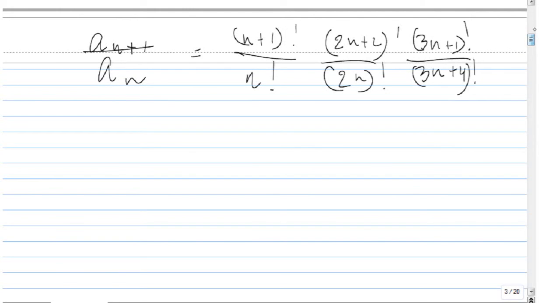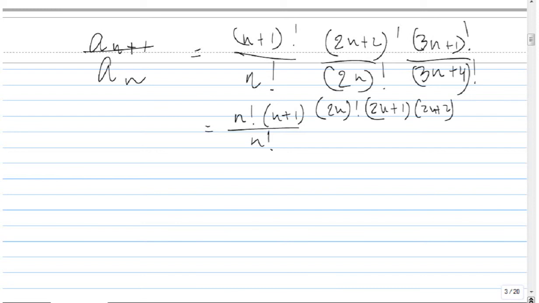So now we have to use the algebraic properties of the factorials. We know that (n plus 1) factorial is n factorial times (n plus 1), over n factorial. Then for (2n plus 2) factorial, we need to go down to (2n) factorial, so we get (2n) factorial times (2n plus 1) times (2n plus 2) over (2n) factorial.